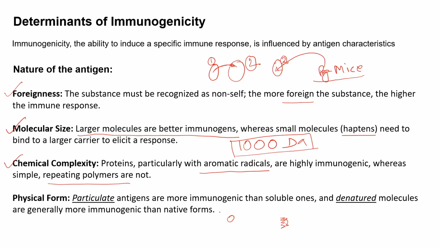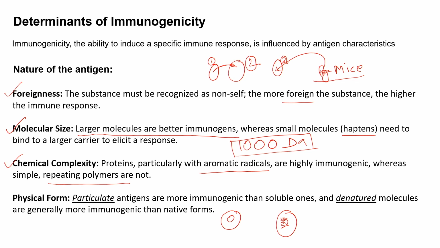Again, denatured proteins are generally more immunogenic than native proteins, because they expose more of the epitopic structure after denaturation, and the body's immune response can be directed towards it more efficiently. Therefore, the particulate form of antigens is more immunogenic, while the soluble form is a little less immunogenic.